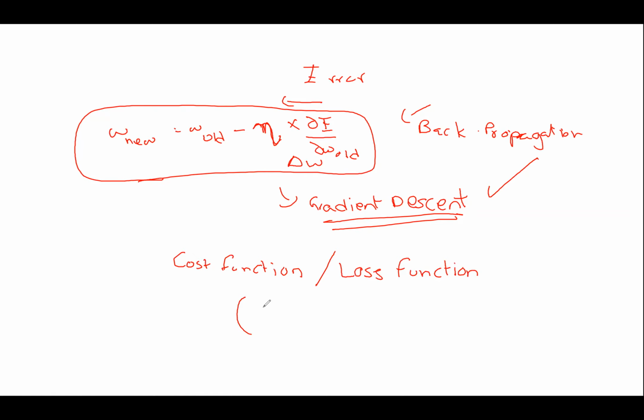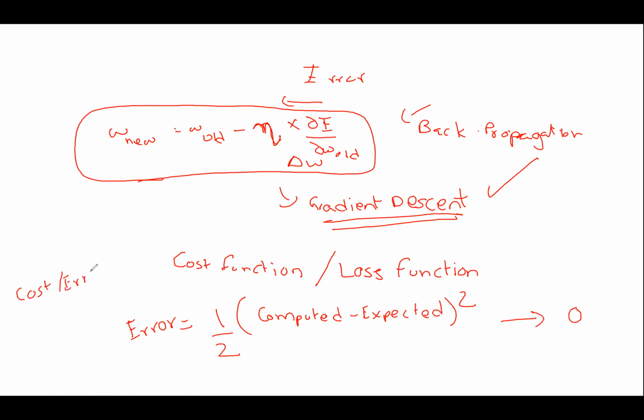So we had computed label minus expected label, whole squared, and we did half of that. This is our error term. By optimization, I mean that this has to be as close as possible to 0. So these three things mean the same: cost, error, or loss.